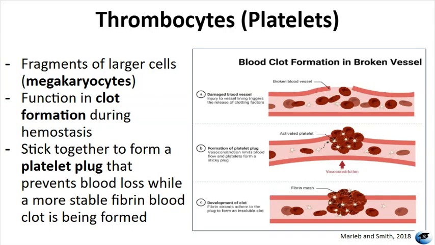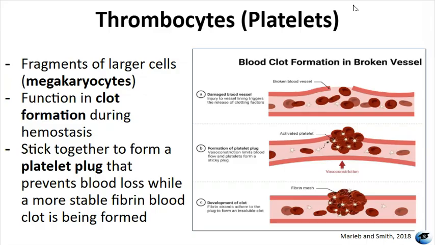Platelets are fragments of much larger cells called megakaryocytes, which reside in the bone marrow, and so they're not complete cells themselves, but they're actually tiny pieces of cells that circulate in the blood. The primary role of platelets is in clot formation, as we've said, during hemostasis, which is the process that stops bleeding when a blood vessel is injured.